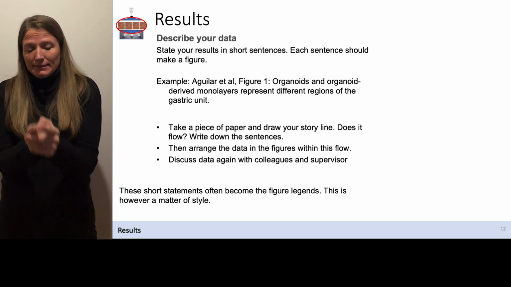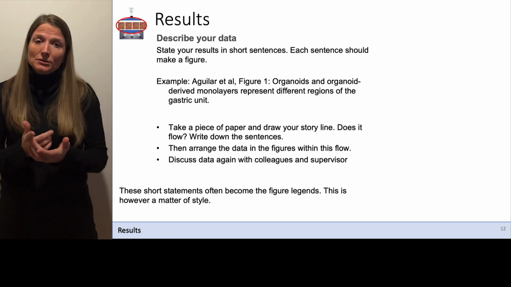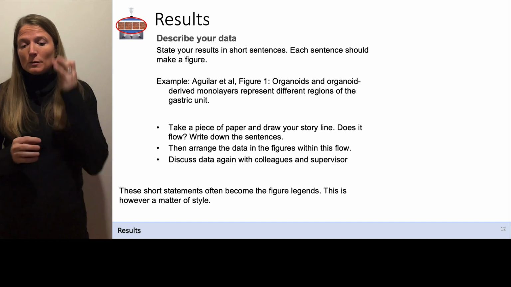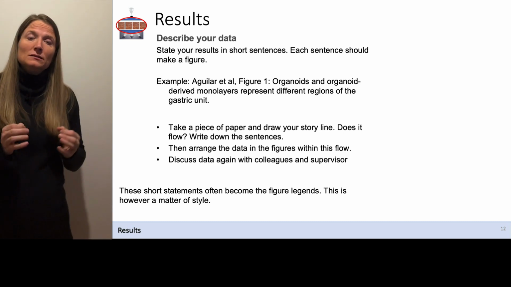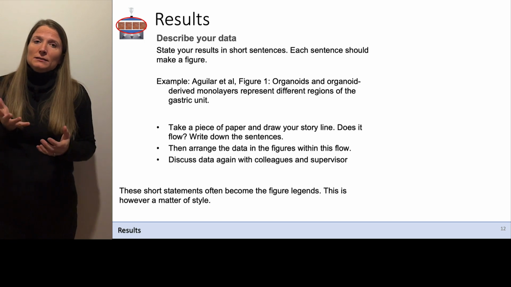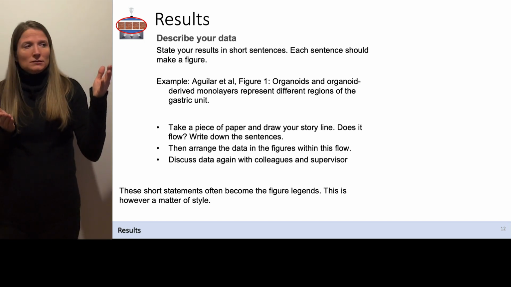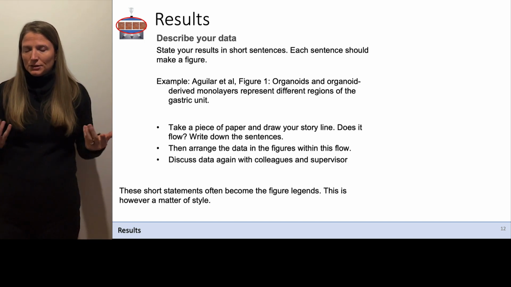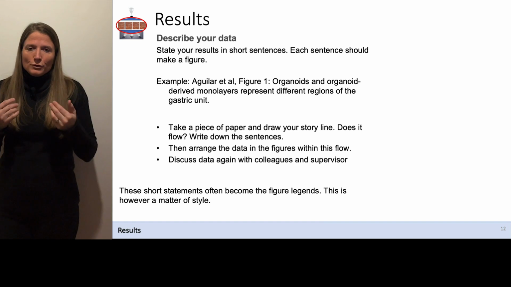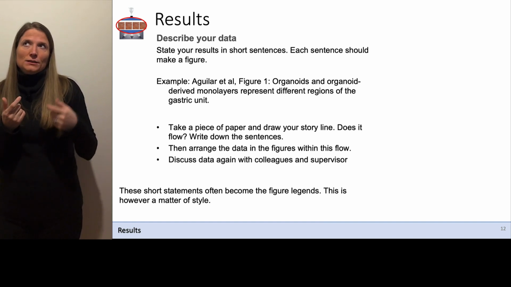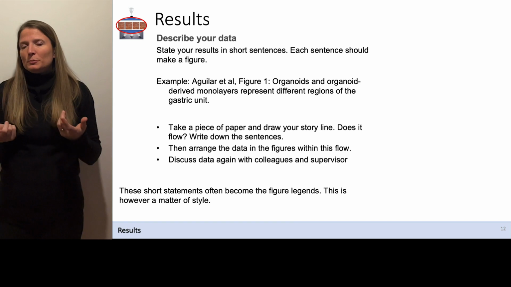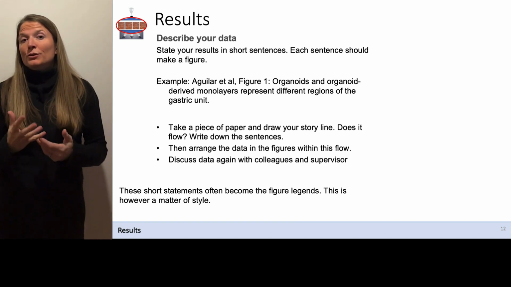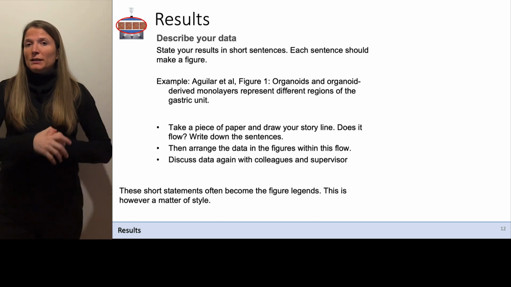These short statements often become the figure legends, but not necessarily. This is a matter of style, and there are many people that dislike these statements. So what I mean with these statements is, for example, this statement: organoids represent different regions of the gastric unit, versus, this particular figure could have also been described as: RNA single cell sequencing of organoids versus organoid-derived monolayers.